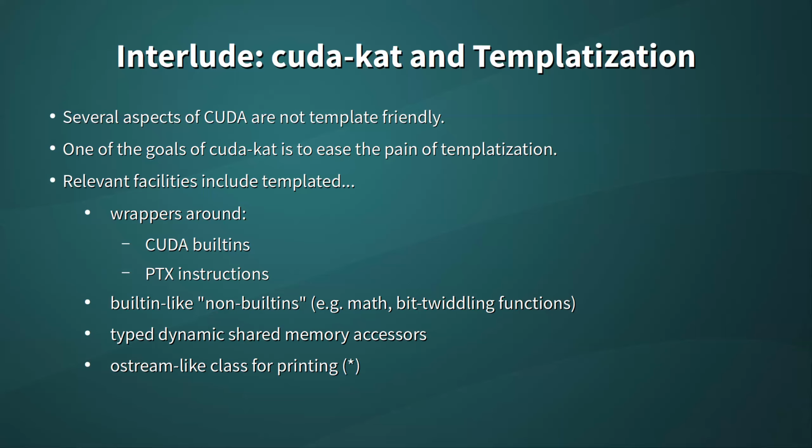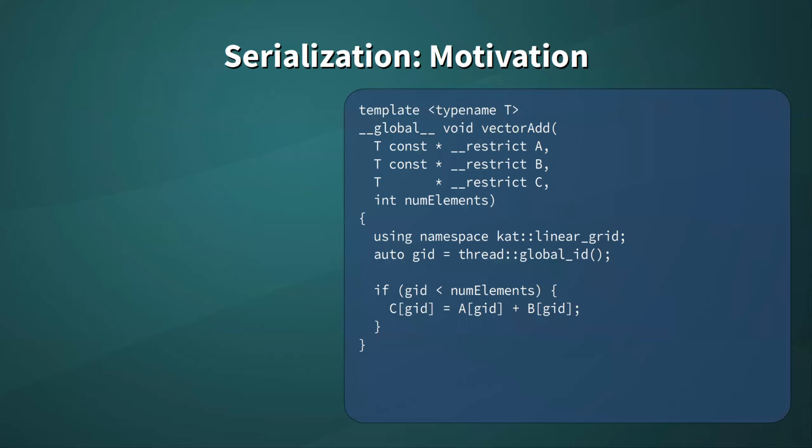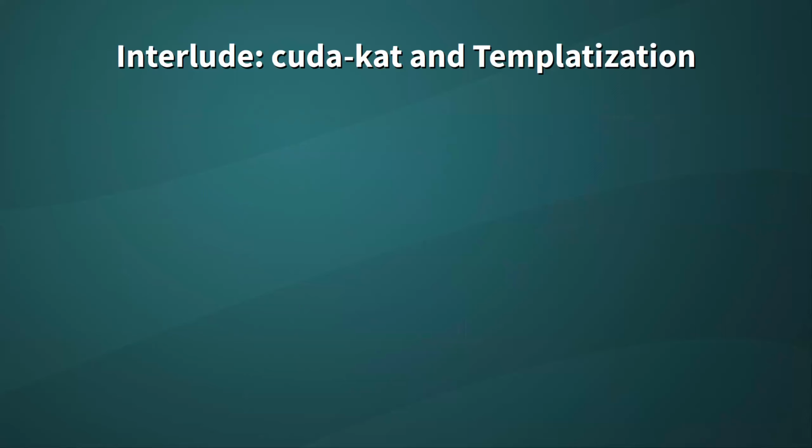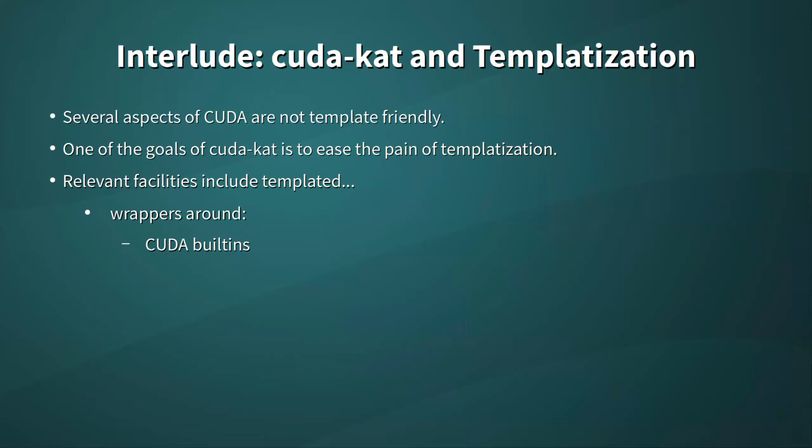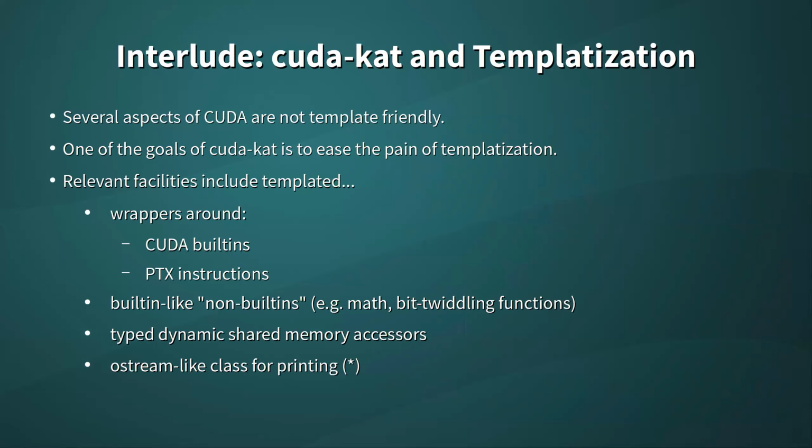So this does not exist in the current release, but it will be making an appearance in the hopefully near future. So just to recap, these things cater specifically to templatization, and other facilities are templated from the get-go. And we'll see another one of those soon.